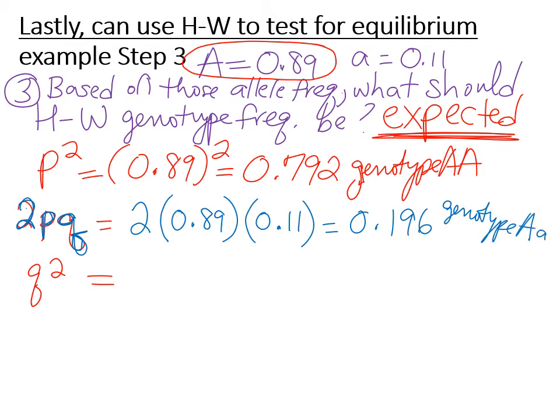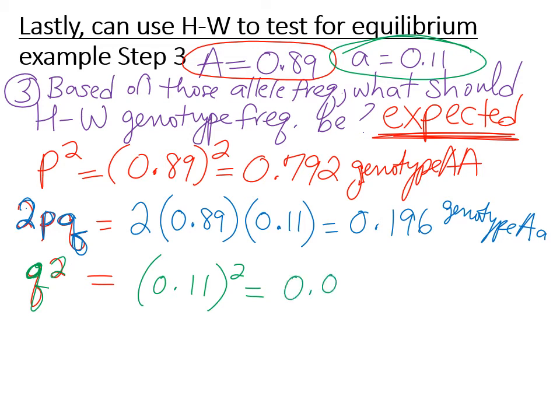Okay? And then our last one to calculate is q squared. q squared, which is just our second allele. So 0.11 squared, which should give you 0.012. Genotype, double lowercase a. Now you can remind yourself underneath each of these in your notes so you remember where you got it.